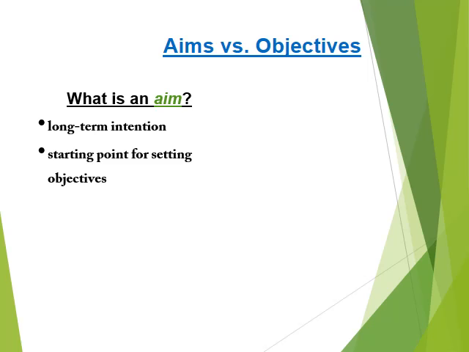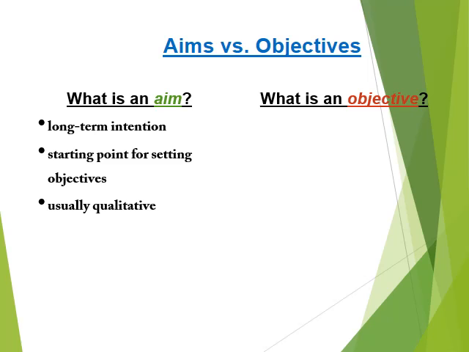This means that deciding the aim is basic to going to the next step. And it is usually qualitative. Qualitative is relating to the quality or standard of something rather than the quantity.